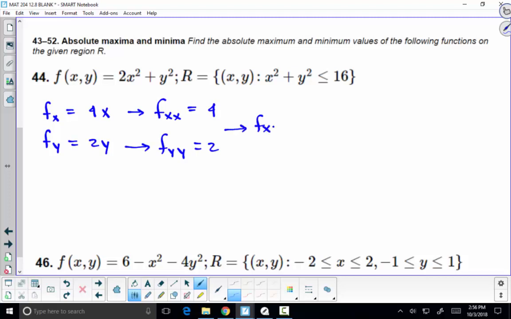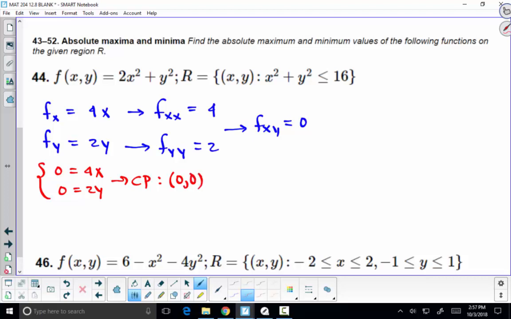And f sub xy, f sub yx, both 0. Okay, critical points, that's pretty mindless. We can figure out where these are both equal to 0. So the only critical point is 0, 0.